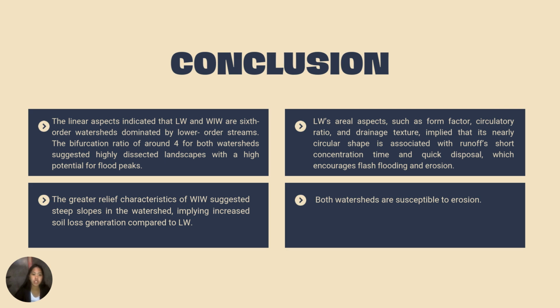The greater relief characteristic of the Wahig-Inabanga suggested steep slopes in the watershed, implying increased soil loss generation compared to the LW. Both watersheds are susceptible to erosion.